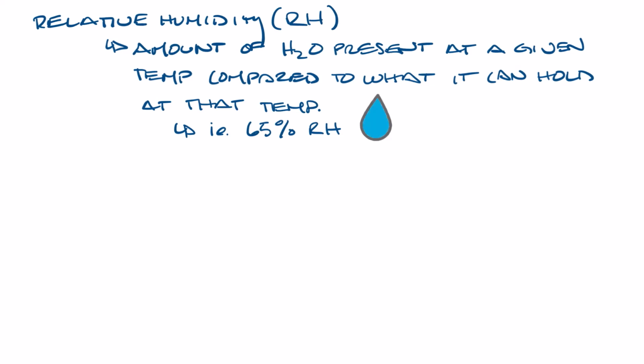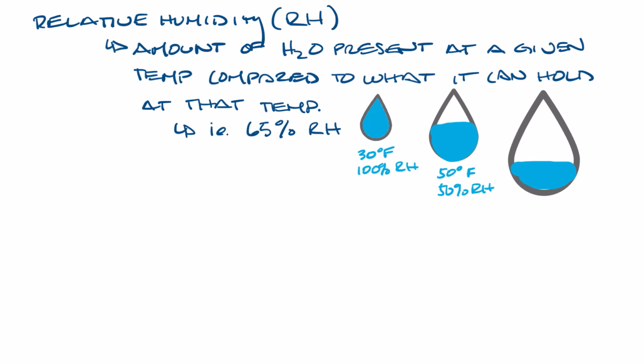So at 30 degrees Fahrenheit, the capacity to hold water is lower than at 50 degrees Fahrenheit, which is also lower than at 90 degrees Fahrenheit. So these water drops represent the total capacity of water that temperature air could hold. At 30 degrees Fahrenheit, it would be 100% relative humidity. At 50 degrees, maybe that's 50% relative humidity, and at 90 degrees, that's maybe 30% relative humidity.